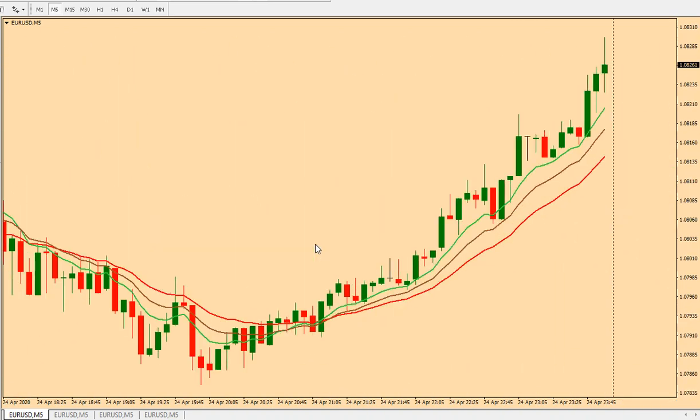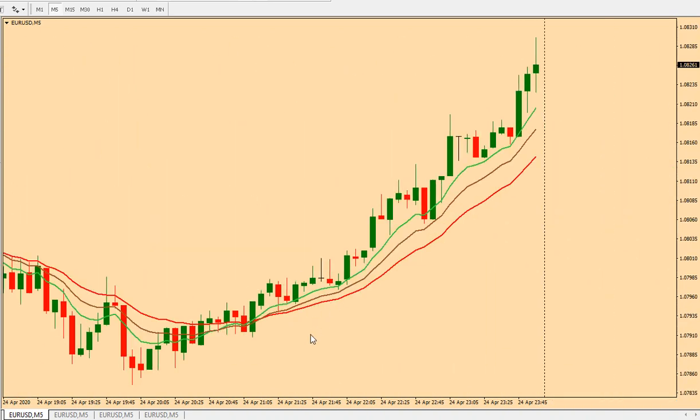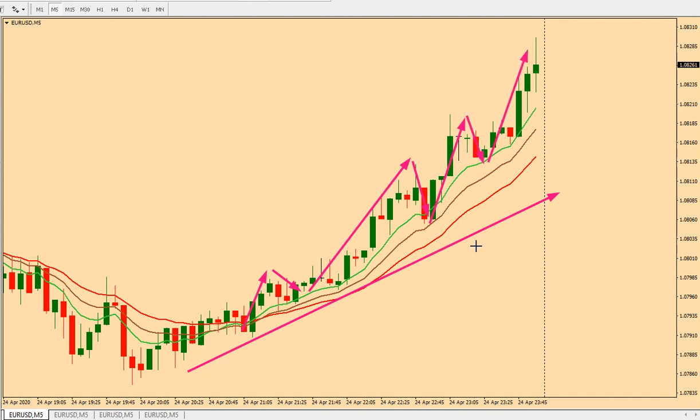Okay, if you don't understand what I'm talking about, for an uptrend, which is this one, the moving averages clearly say that's an uptrend. But how else can I tell this is an uptrend? We notice that price moved up, price moved down, price moved up, a short pullback, up, a short pullback, and something like that.